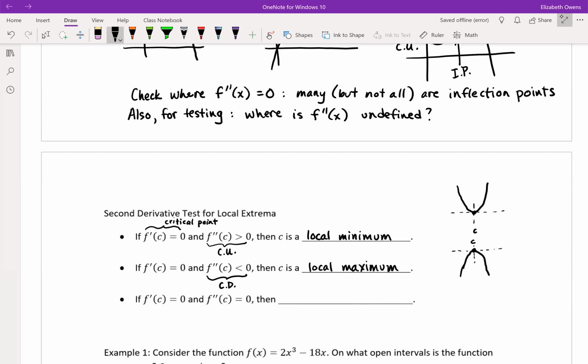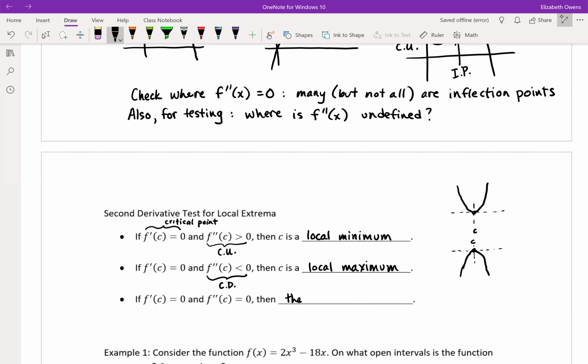Now, if your first derivative equals 0, so you've got a critical point there, and the second derivative also equals 0, then we don't really have a concave up or concave down situation here. This might be an inflection point maybe, but the point here is that we can't really tell what's going on with this. There's no clear picture that you can draw.